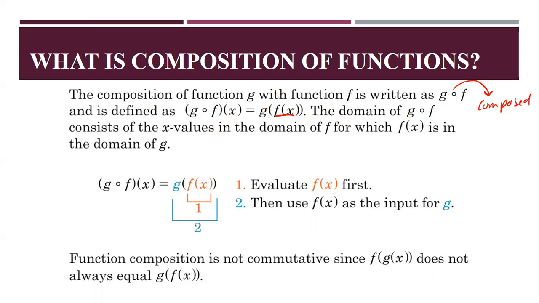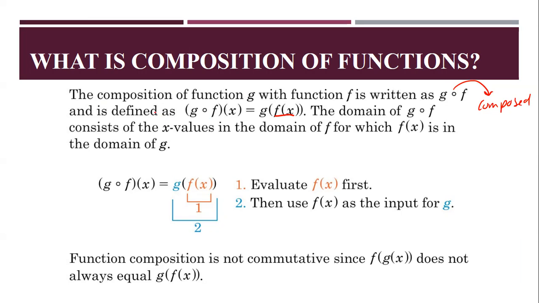Why? Because you're merging two functions together, okay? So if one domain has restrictions, then the other may have restrictions. It's just like when you're merging two families. When you have a blended family, if there's something that one family doesn't do, the new blended family may not do it as well. Does that make sense? Everything is going to try to be the same, but some things are going to change.